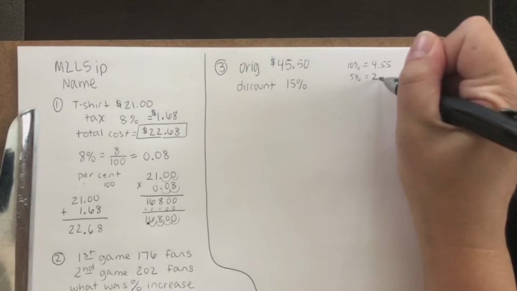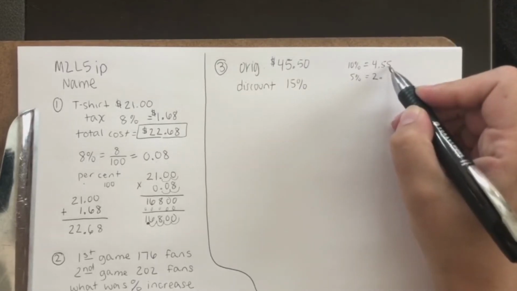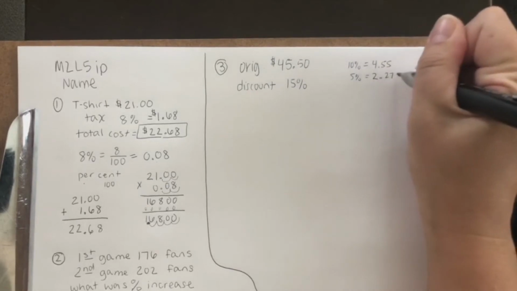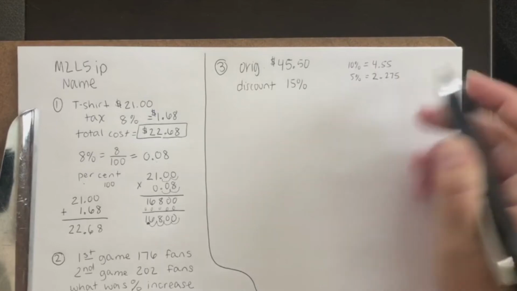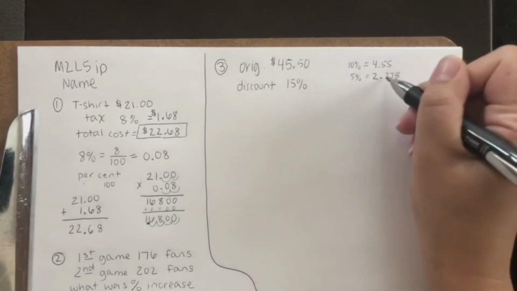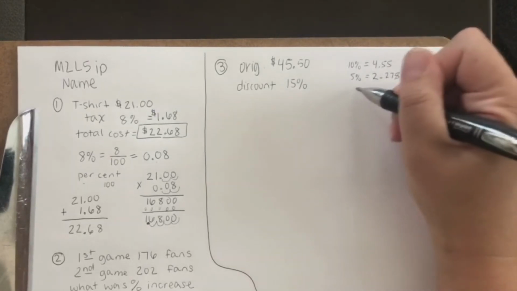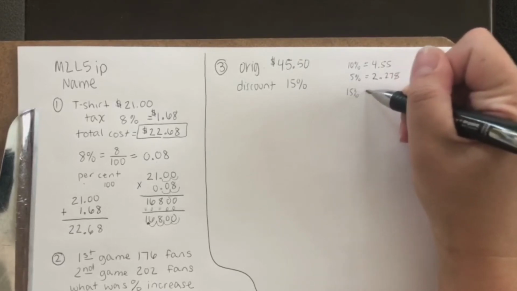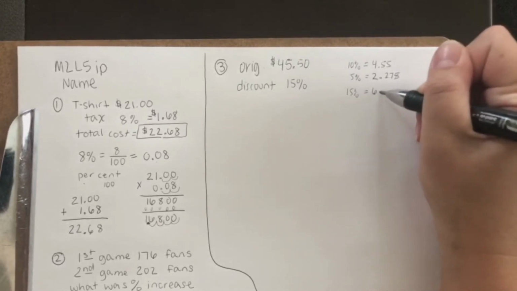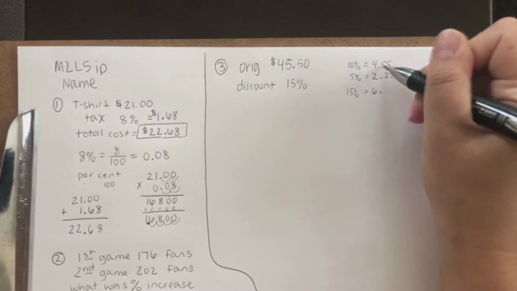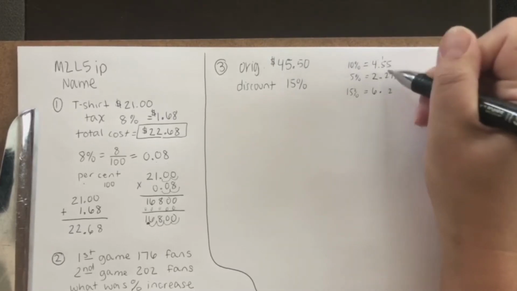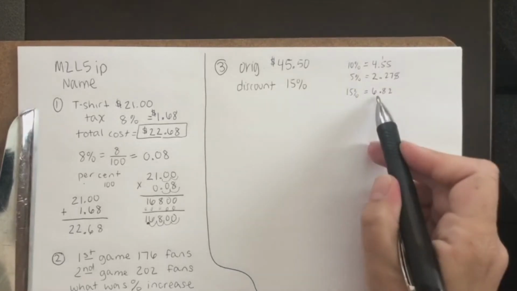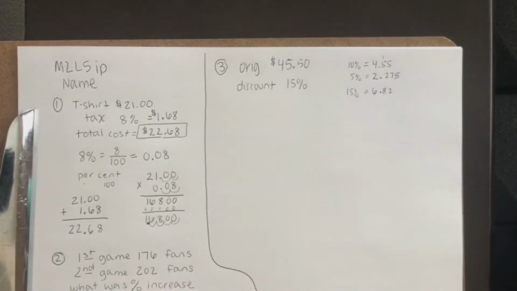So 2.275. And that 5 is just going to kind of disappear. So a total of 15% discount will be 4.55 plus 2.27, so $6.82 off of the price.